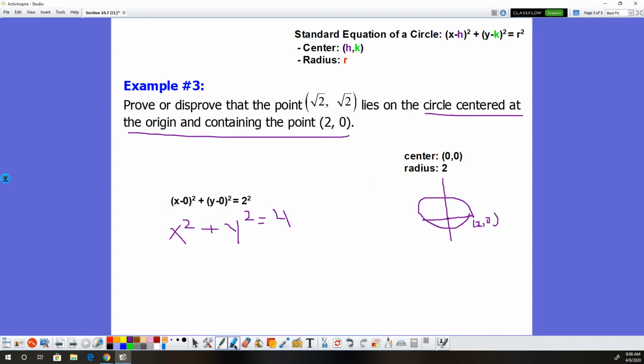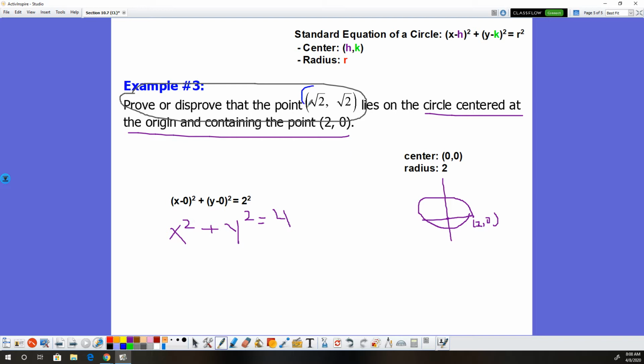Now I can go back and I can find, does this circle have (√2, √2) on it? So if this does, I can plug in square root of 2 as my x value, square root of 2 as my y value, and this equation works out. So let's check it.